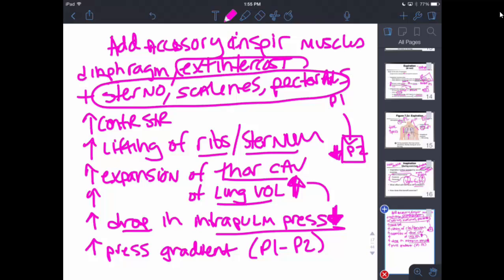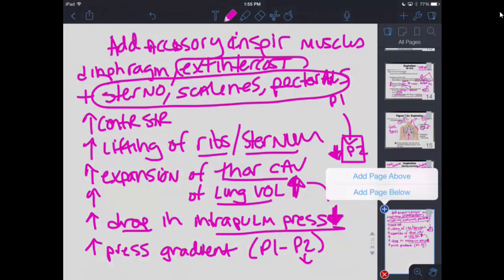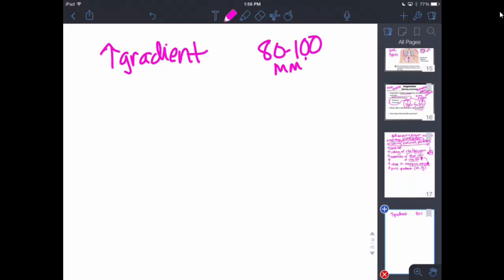Okay, because P2 is dropping. And with the bigger gradient, that means there's going to be more air that needs to come in until that gradient is gone. Okay. So with the bigger gradient and with exercise, we see a gradient of about 80 to 100 millimeters of mercury.